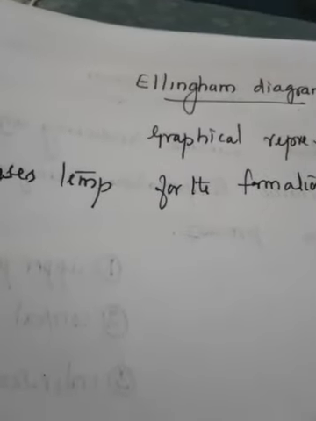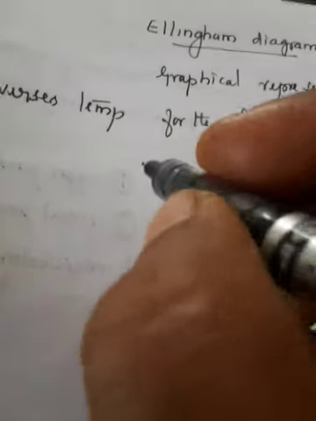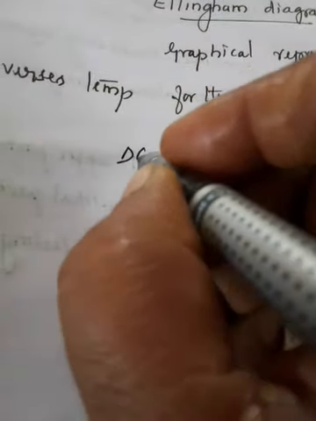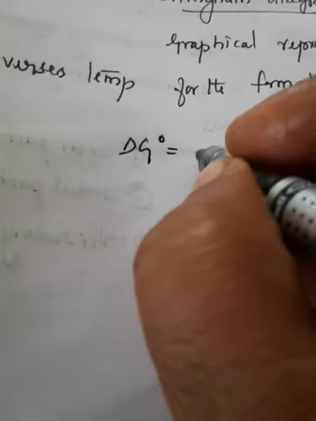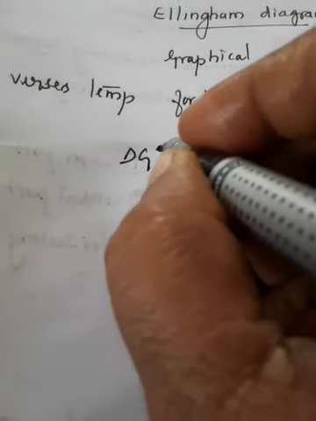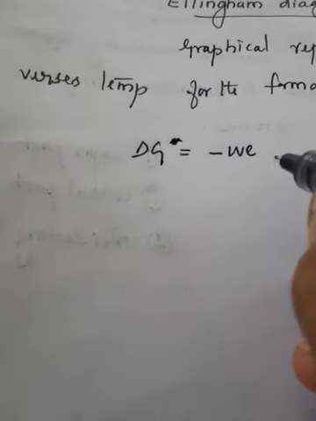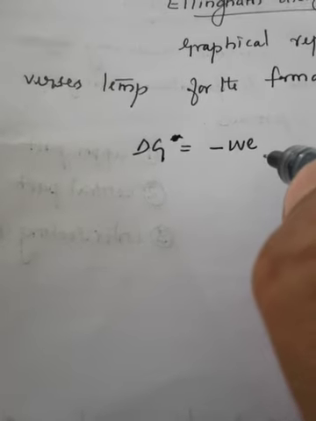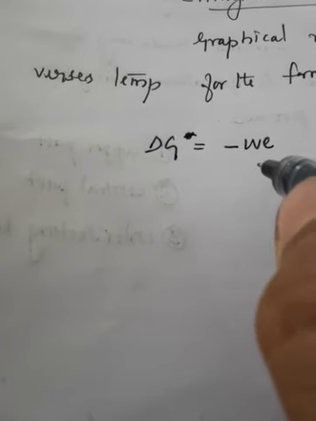The criterion for the feasibility of thermal reduction at a given temperature is that the delta G naught value should be negative, and it should be a spontaneous reaction.